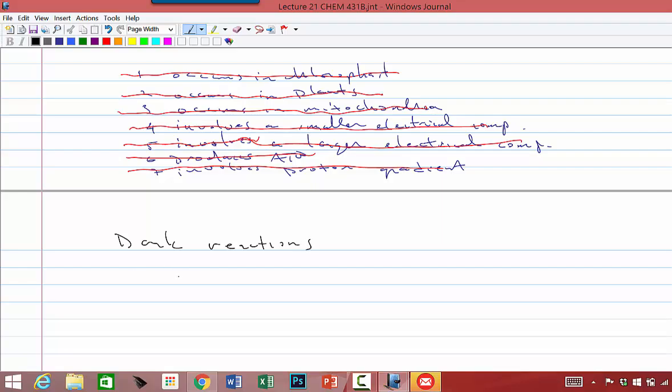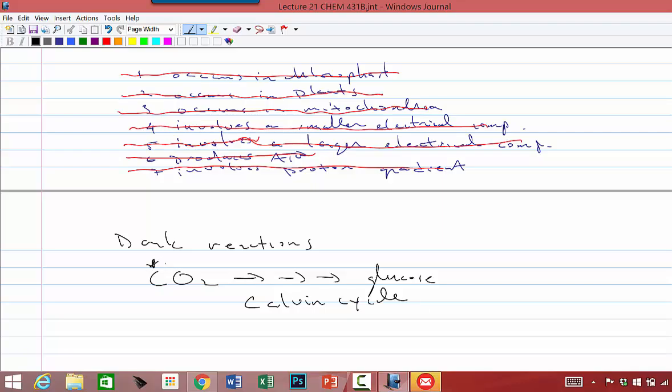So for the dark reactions, CO2 is eventually going to be made into glucose. Okay, your book actually, this is a pretty complicated process. This is called the Calvin cycle, by the way, after Calvin, who figured this stuff out in the 1940s, using radio-labeled CO2.